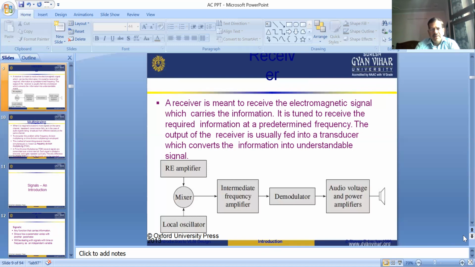Different modulation processes are used as per requirement, such as AM modulation, FM modulation, phase modulation, and pulse position modulation. We also classified modulation systems into analog modulation and digital modulation systems.